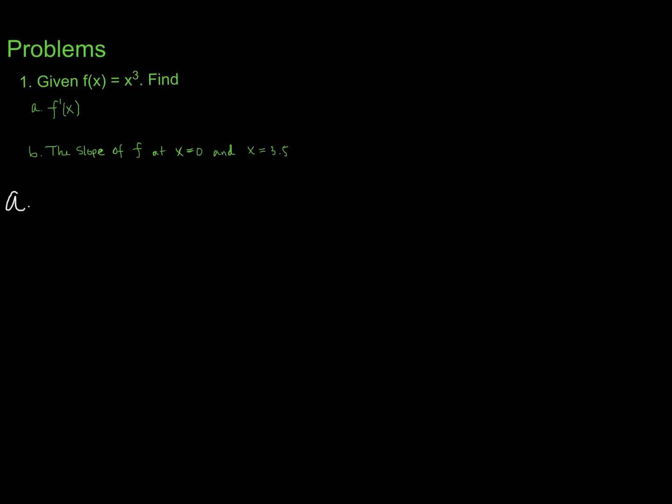Right, so finding f prime of x, I'm finding the derivative of f, and so I'm using my definition here. F prime of x is equal to the limit as h approaches 0 of f of x plus h minus f of x divided by h.